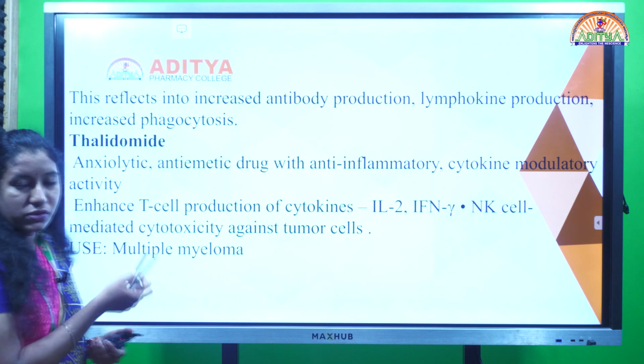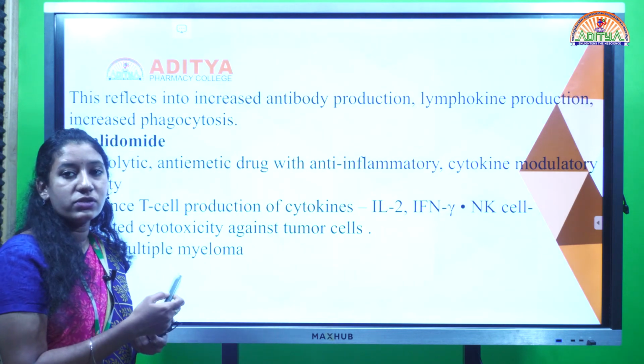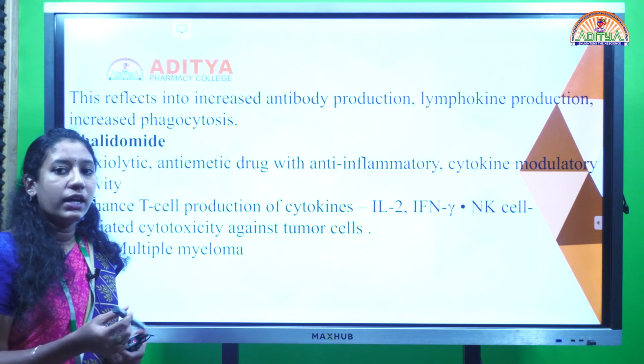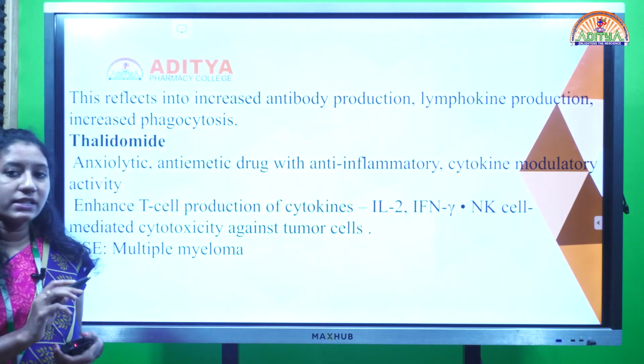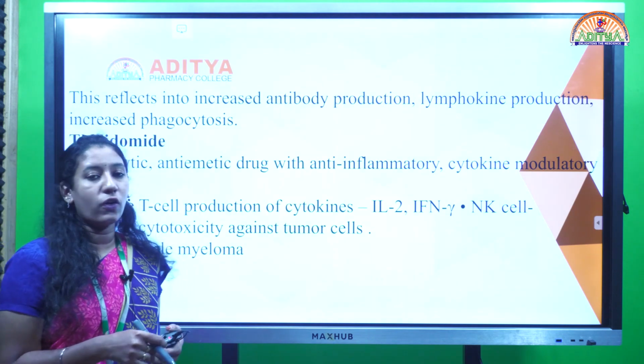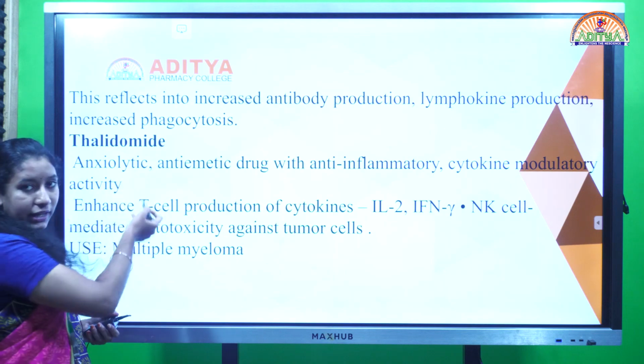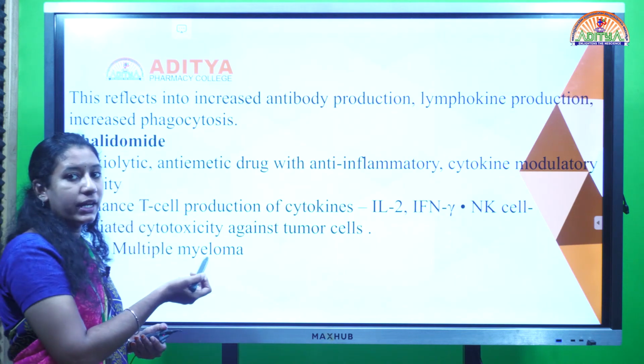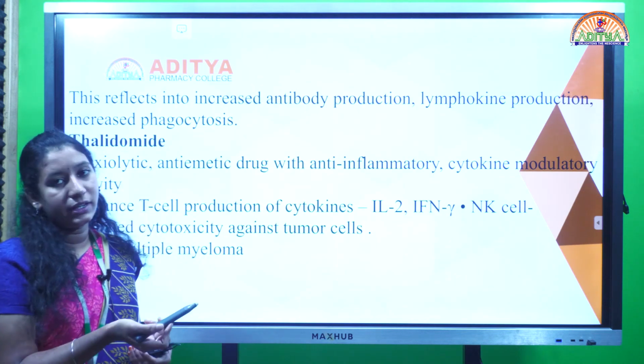Next, coming to the use of thalidomide, it can be used in the condition of multiple myeloma. Again, this thalidomide drug has anxiolytic property and antiemetic property, and it also has anti-inflammatory property.